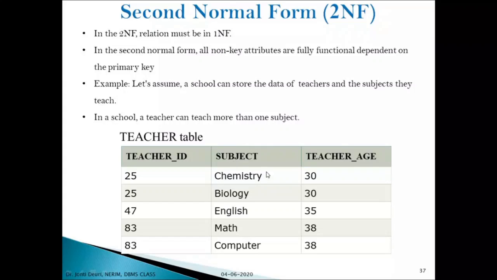See, fully functional dependency. It is not fully functional dependent here; it is partial. Teacher age can be determined by teacher ID alone, but here we have teacher ID, subject, and then teacher age again. So this table is not in the second normal form.